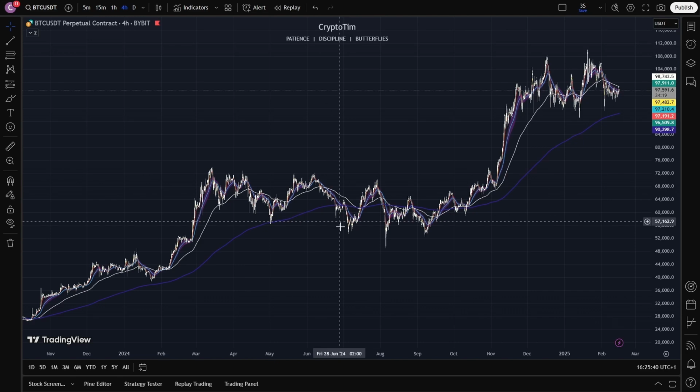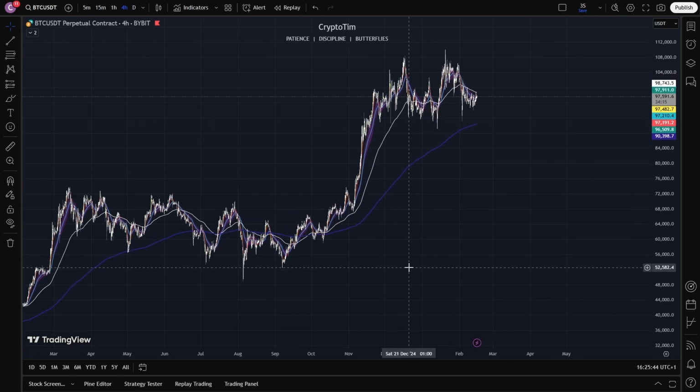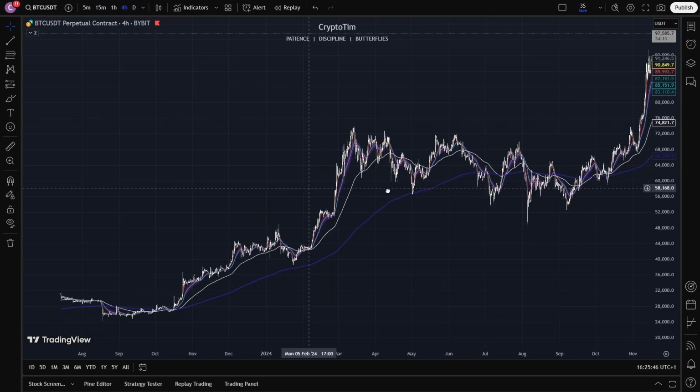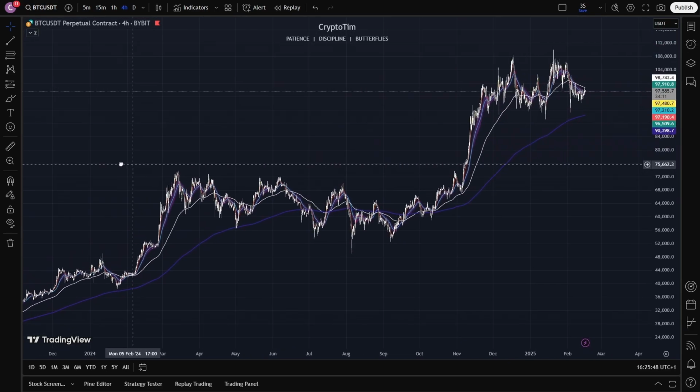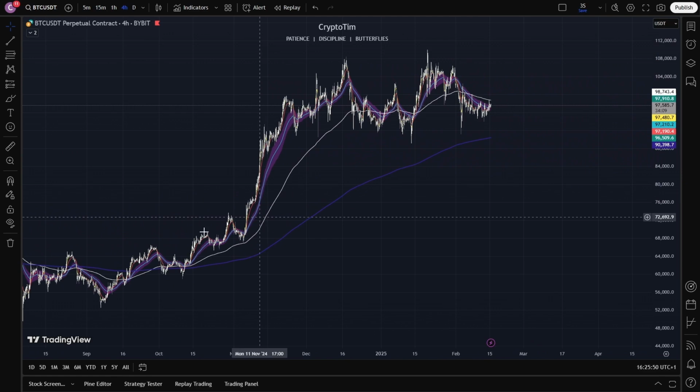So it crossed it once here, and in this area, but that's about it as far as we can look back here. The 200 EMA is acting quite strong as a bouncing zone for this bull run right here, I would say. You can see we're currently sitting below it.